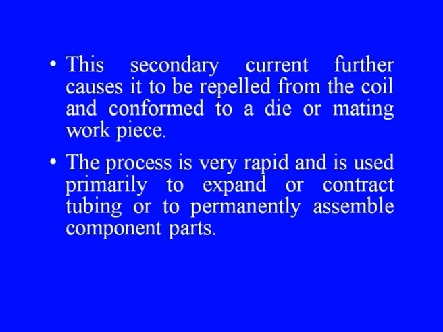This secondary current further causes it to be repelled from the coil and conform to a die or mating workpiece. The process is very rapid and is used primarily to expand or contract tubing or to permanently assemble component parts.